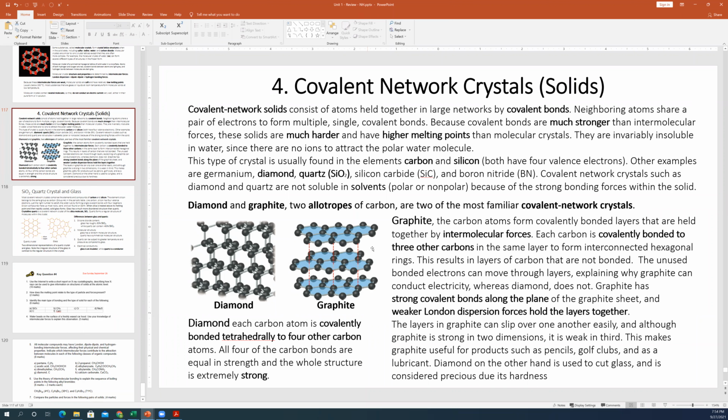That's another reason why it has these non-bonded electrons that can move through the layers. And so graphite is a good conductor of electricity, whereas diamond is not. Its electrons are all tightly bound in covalent bonds, tightly shared between all of the other carbon atoms.